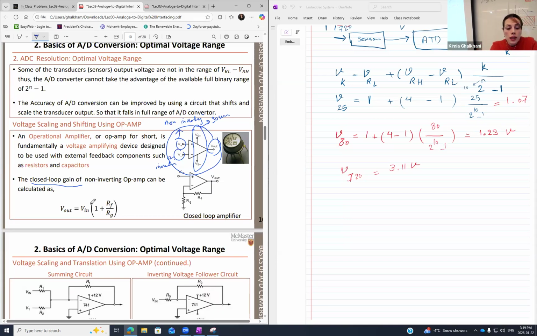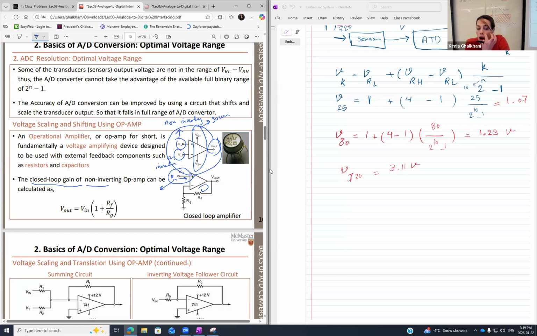So now, when I say closed loop, I'm looking at this part. Why do I say non-inverting? Again, I say non-inverting because my input voltage is going through the positive. If the input voltage is going through the positive, I call it a non-inverting op-amp.